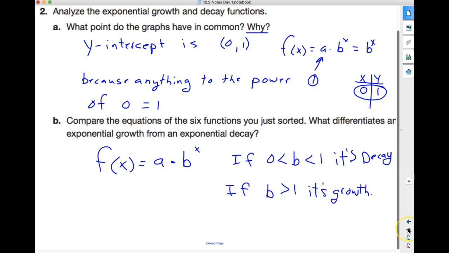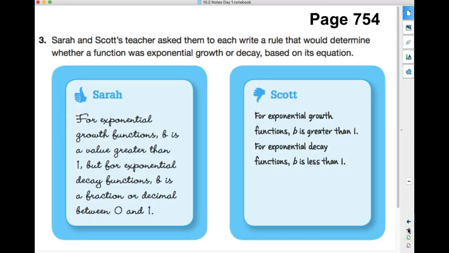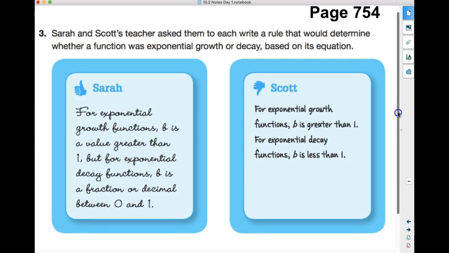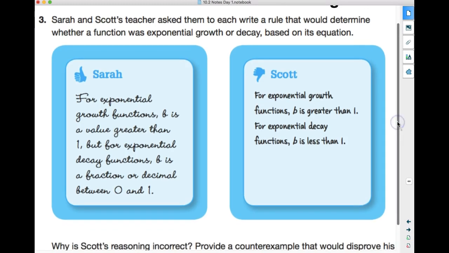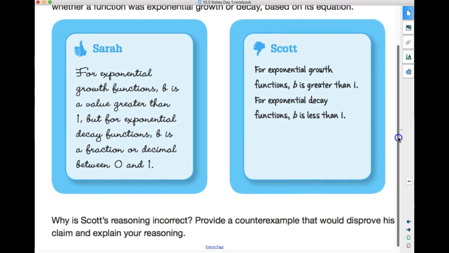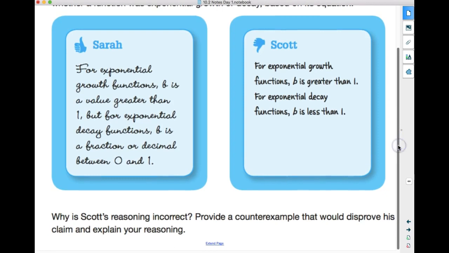So now we're going to do a little comparison here of Sarah and Scott's. Their teacher asked them to each write a rule that would determine whether a function was exponential growth or decay based on its equation. Okay? So Sarah's obviously right because she got the thumbs up. Scott obviously was the bonehead in this spot here.